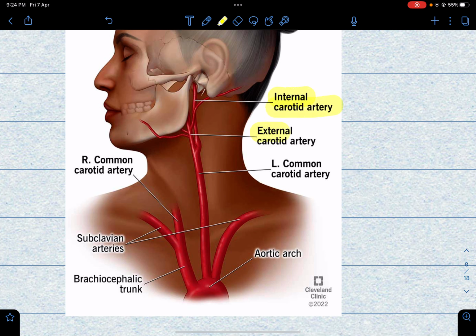Notice the difference: inferiorly in the submandibular it is the posterior belly of the digastric muscle, but in the submental it is the hyoid bone, which makes the floor of the submental group, while the floor of the submandibular group is the posterior belly of the digastric muscle.